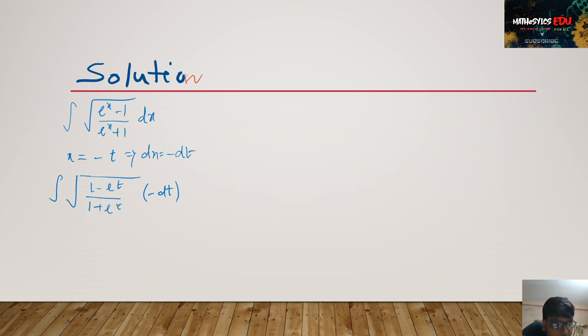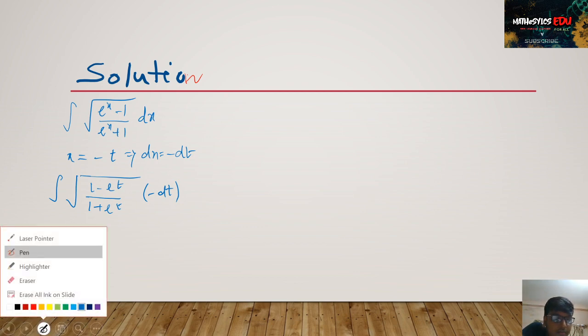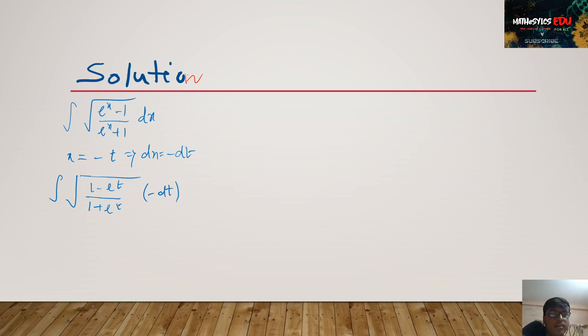Now let me change the pen again because there is another substitution that is going to happen at this stage. Now I will bring the minus sign out and write it something like this.